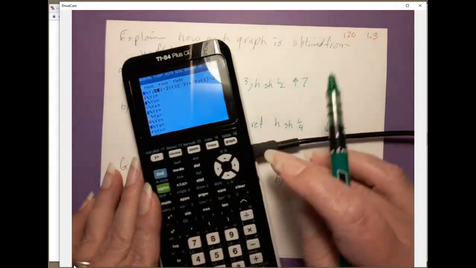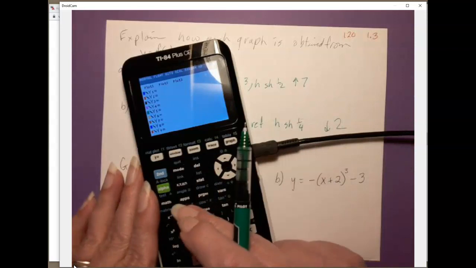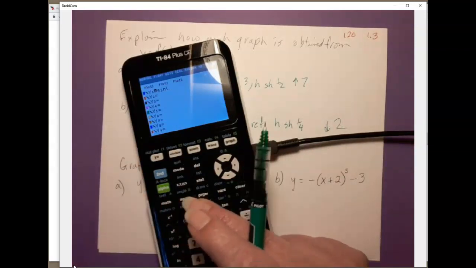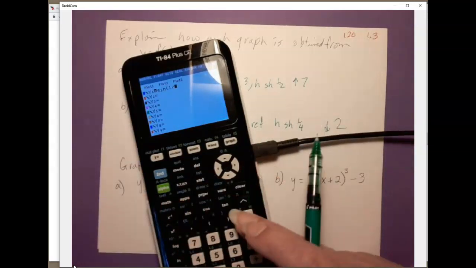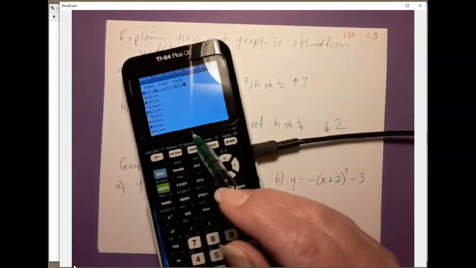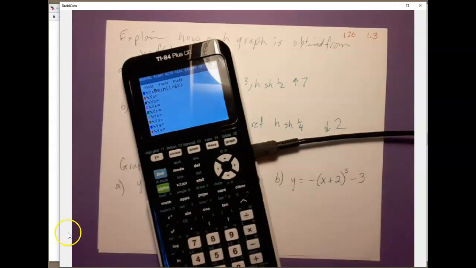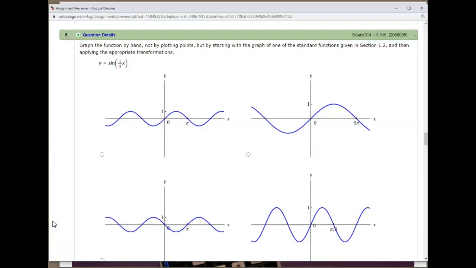So if I was going to graph this, I'd put the sine of 1 divided by 6 x, which is 1 divided by 6 times x, order of operation. Let me just check and make sure that's the right one. Sine of 1 divided by 9 is what I'm doing. So 1 divided by 6 would look a little different.